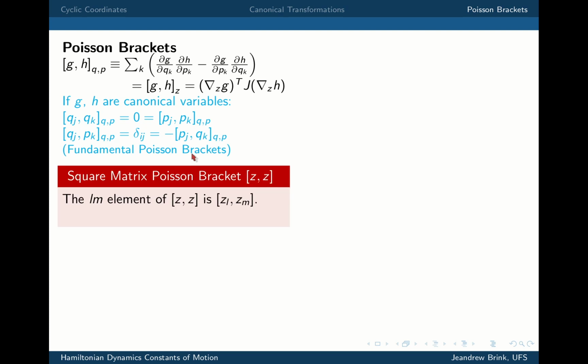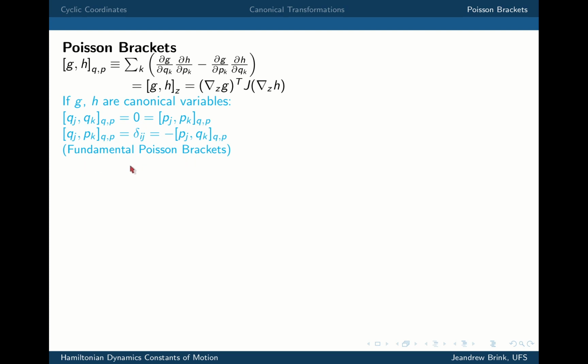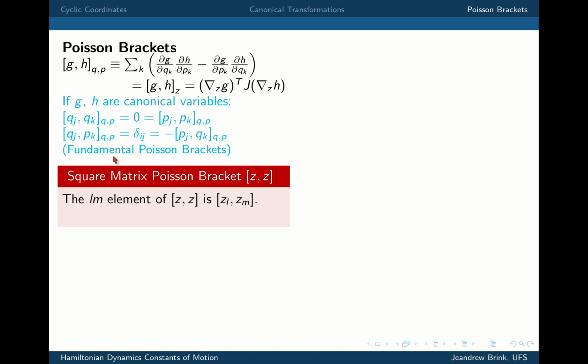One way of summarizing the fundamental Poisson brackets is to put them all in a matrix, basically a matrix of all the possible Poisson brackets you can have, and that matrix we are going to call the square matrix Poisson bracket. It's a thing I denote in this way: the Poisson bracket of Z, which is a vector, with Z. What that simply says is that the lm-th element of this square matrix is the Poisson bracket of Z_l with Z_m.